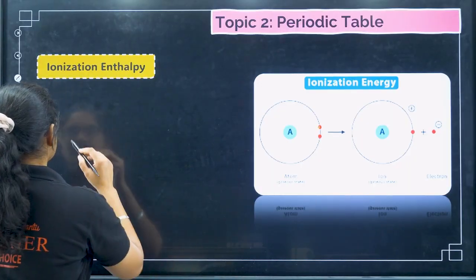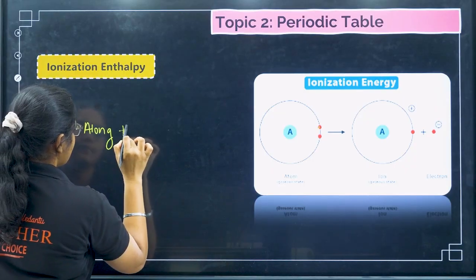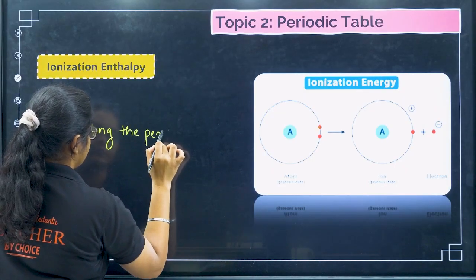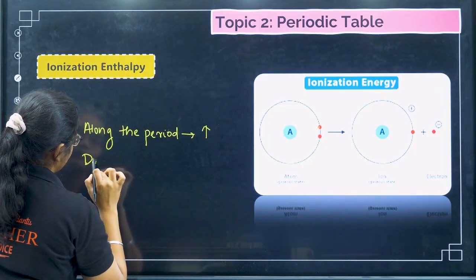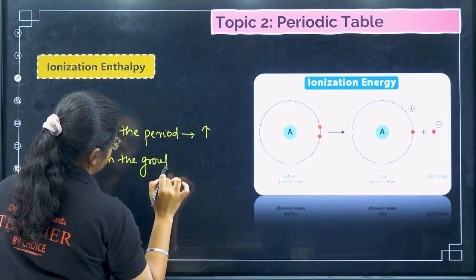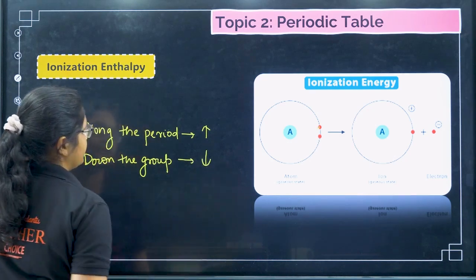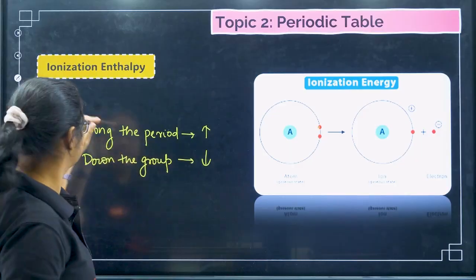Now the order of ionization energy, you should be remembering this one. Along the period it increases, down the group it decreases.